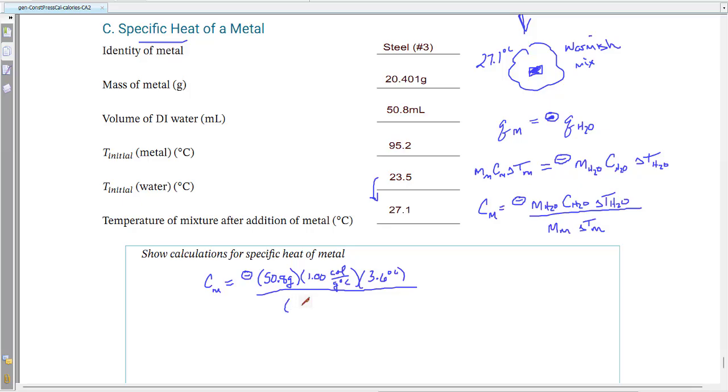Mass of the metal was given to me. This is my 20 number in my data table up there. Okay. Temperature change for the metal. Well, now the metal went down in temperature, ended at the same place, right? But it went down in temperature. When you subtract those two, you get negative 68.1.